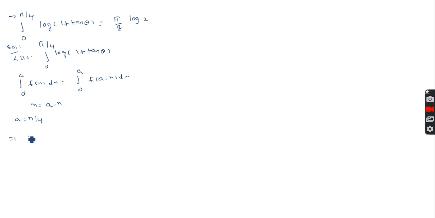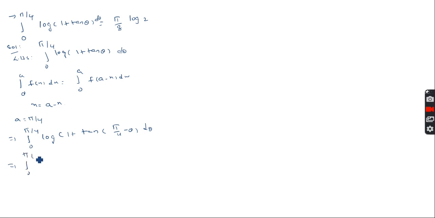So therefore, it can be written as the integral from 0 to pi by 4 of log of 1 plus tan of pi by 4 minus theta into d theta. And what is the form?